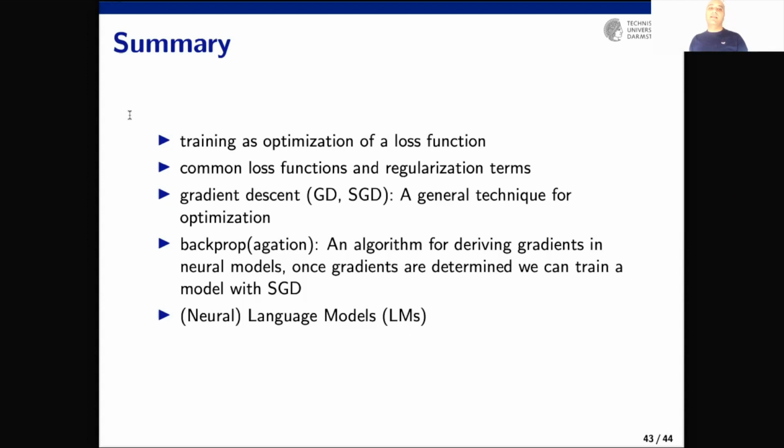And then we said stochastic gradient descent is nice, but computing the gradient for deep learning models is difficult. So we need to have an algorithm to compute the gradient. That's why we use backpropagation or backprop, which is an algorithm to compute the gradient in 2 steps, forward pass and backward pass.